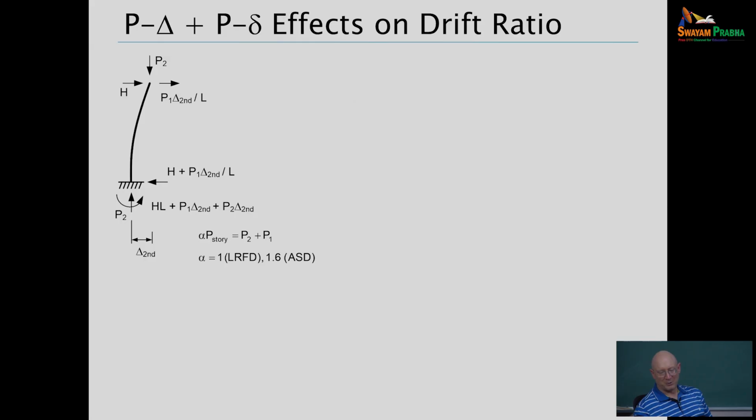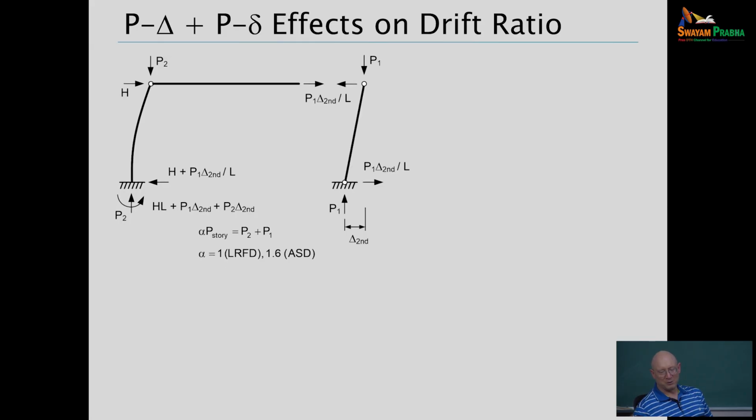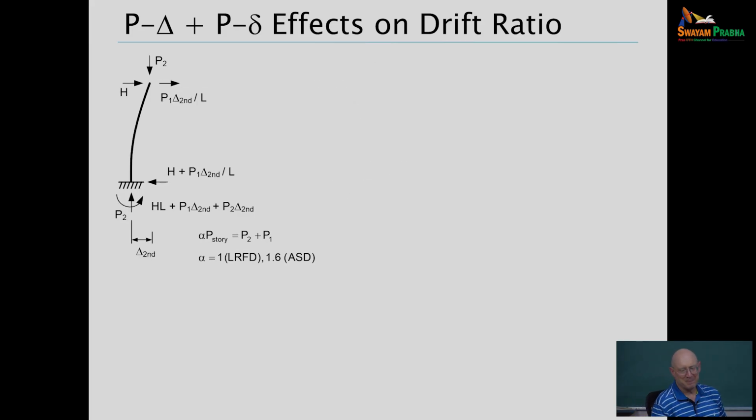So what am I doing here? I'm going to simply focus on the lateral load resisting column now, with the load P1 times delta second over L being transferred to it. So there you have it. Okay? So same system, but now just focusing on a free body diagram of the cantilever. And again, alpha P story is P2 plus P1.